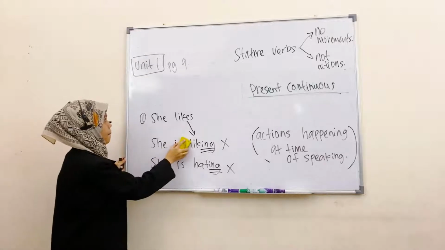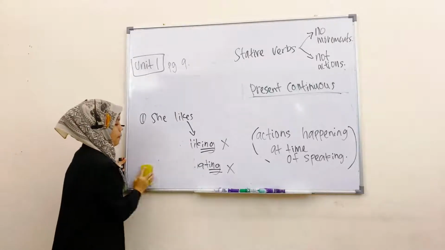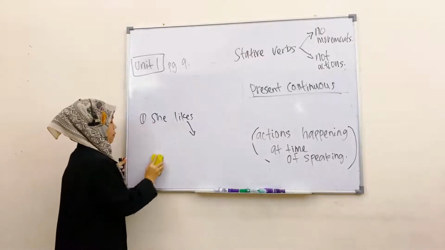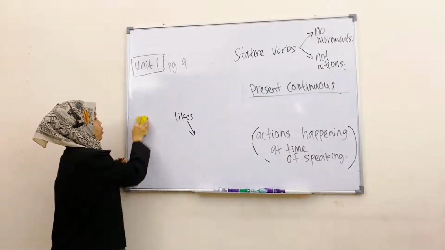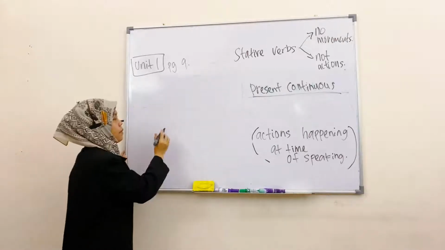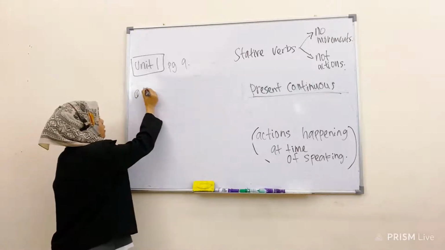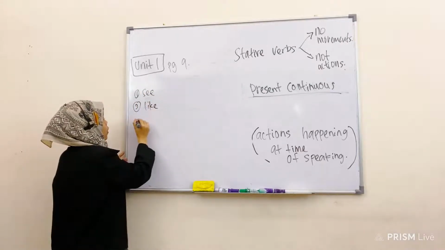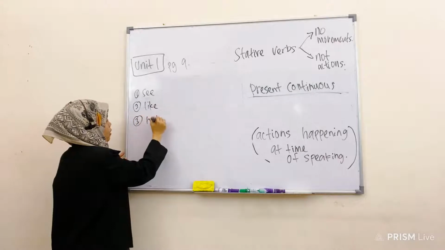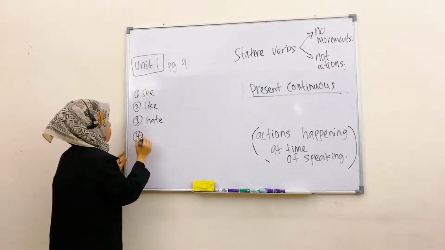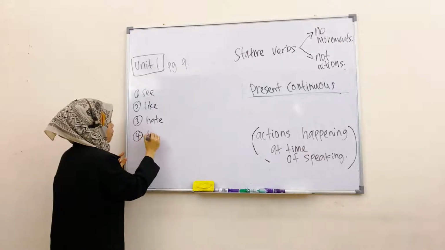How about the next one? Dislike. We are going to do dislike. Okay. The verbs, they have like, we have hate, we have love.